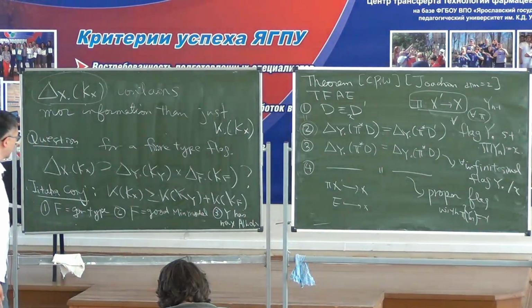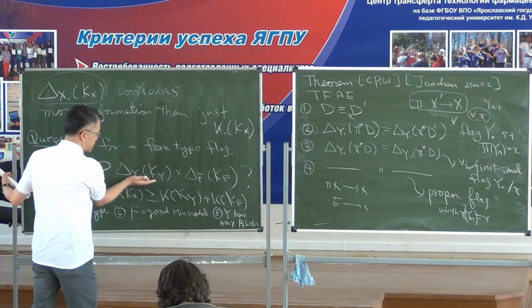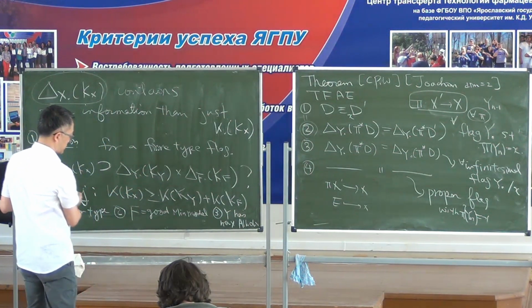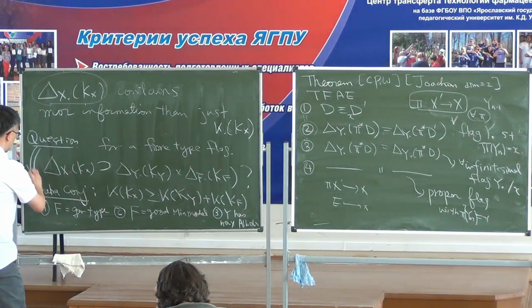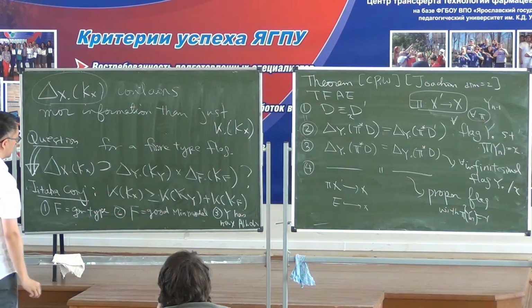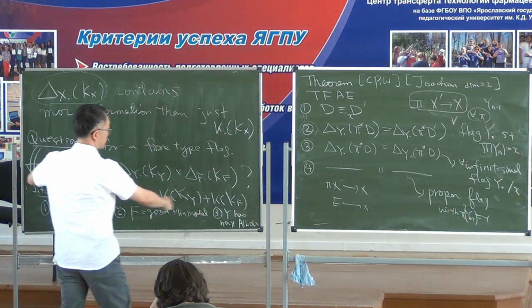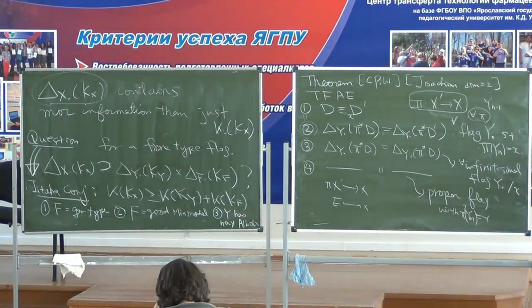So this inclusion makes sense even if this part has a smaller dimension. So this question actually implies this. Of course, from here, we don't assume this generality. This is only in this theorem.